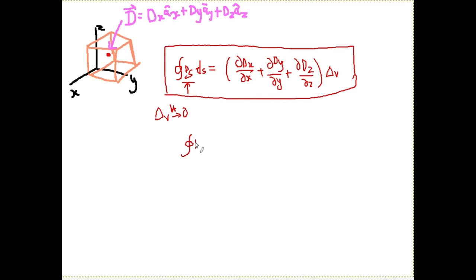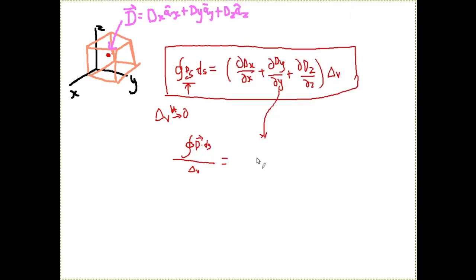I can say the surface integration of D dot ds divided by delta v, I can write it as this entire term will come into the picture. Everything here is nothing but a partial differentiation.